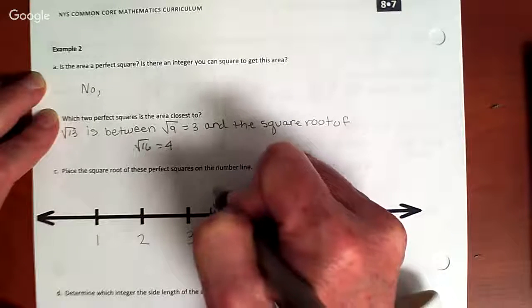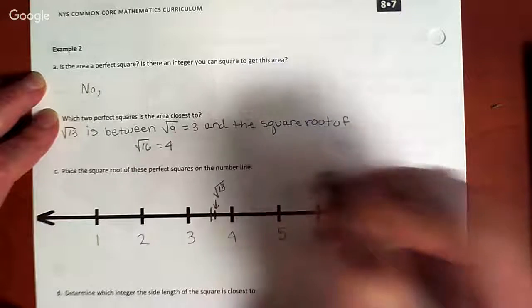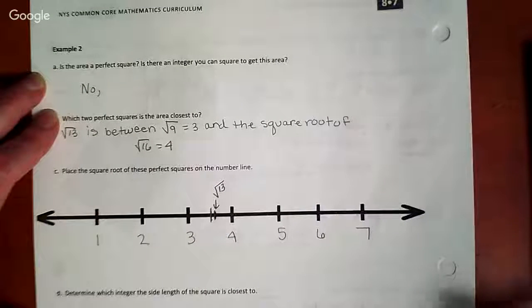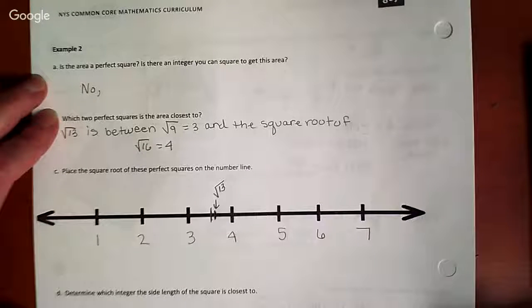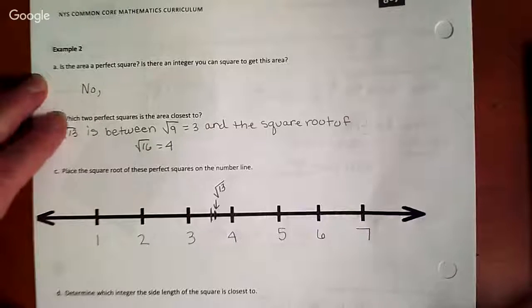Okay, so that would be about right there. Okay. So D says, determine which integer the side length of the square is closest to.